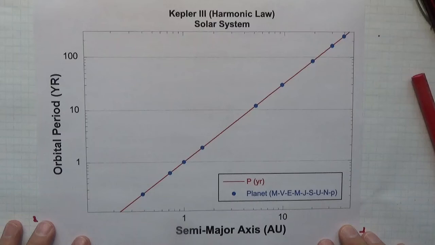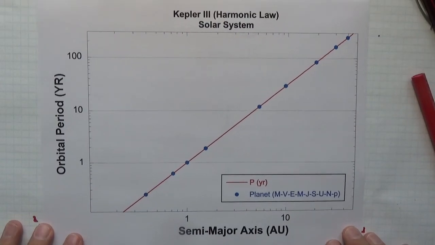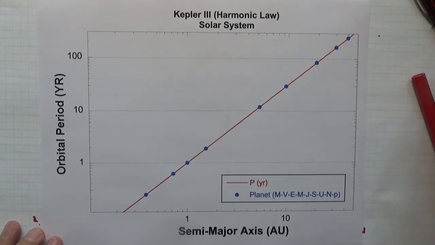Now this shows you why you often choose to use different forms of the graph for different types of data. On log-log plots, if the line is straight, that tells you something about the nature of the function or the nature of the data. In this case, it's what we call a power law.